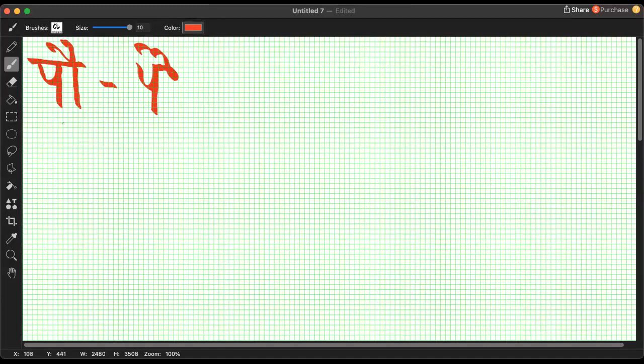Then we'll write pum. It's just per with a dot on the top. That's a bindu.